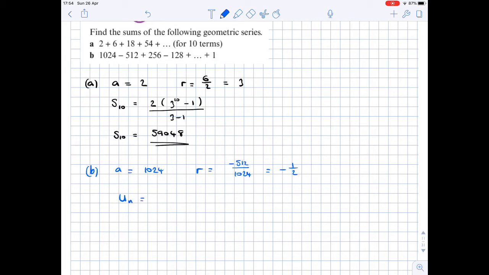Remember, the nth term is ar to the n-1. Well, we know the last term is 1, so 1 is equal to 1024 times -1/2 to the power of n-1. Let's go through the process here. 1 divided by 1024 is equal to -1/2 to the power of n-1.